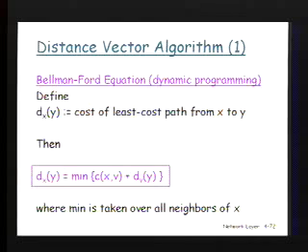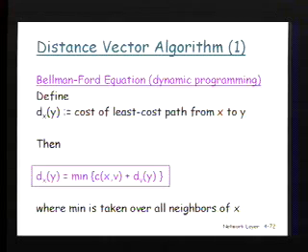So the Bellman-Ford algorithm is a distance vector algorithm, which is a distributed way of computing these best routes or the spanning trees. And the Bellman-Ford equation also depends on the same property.